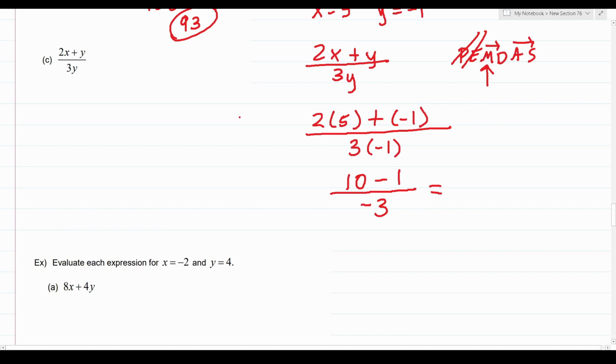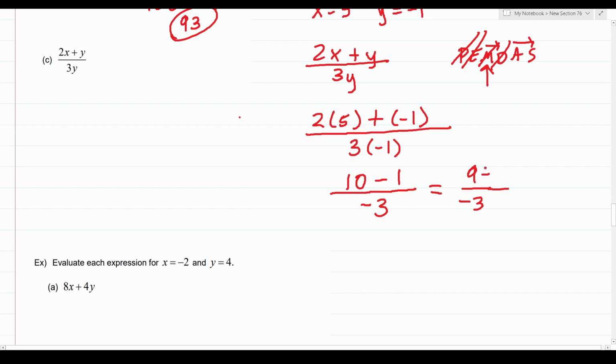Okay, so we took care of our multiplication. There's no division. Now we just have subtraction and a fraction to deal with. So let's go ahead and do that. 10 minus 1 is 9. So this is 9 over negative 3. Let's go ahead and reduce this fraction.